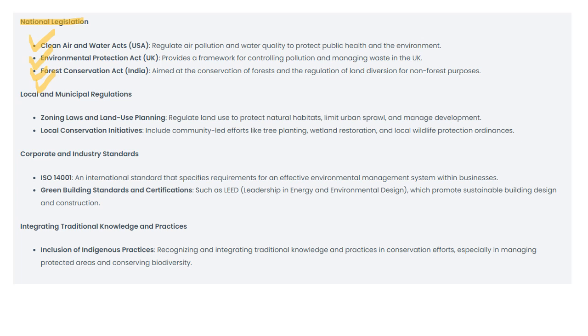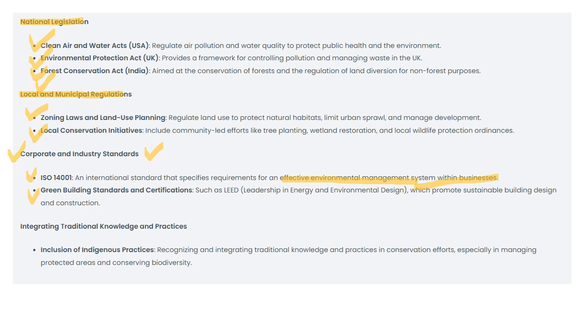Local and municipal regulations are there at LGA or municipal level. There are many land use, land cover plannings which are used and are instrumental to combat climate change. And there are policies, rules and regulations related to corporate and industry standards, and these standards ensure an effective environmental management system within the business.